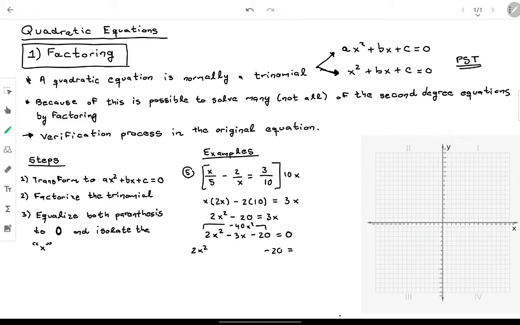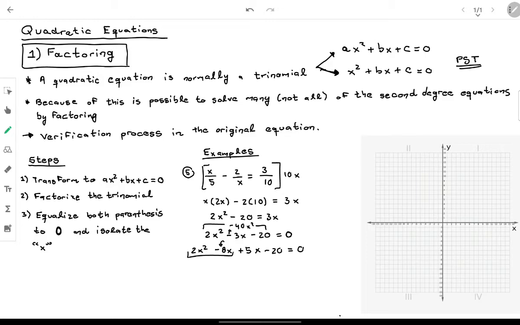The middle one, we will decompose it. We need two numbers that when added give minus 3, and when multiplied give minus 40: 8 and 5. Because minus 8 times plus 5 is minus 40, and minus 8 plus 5 is minus 3.